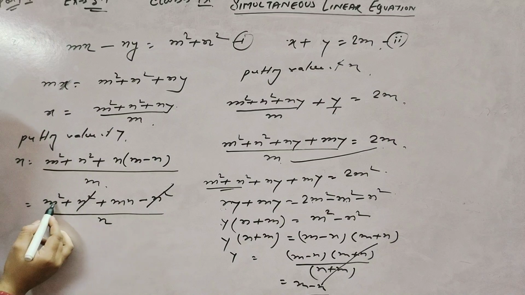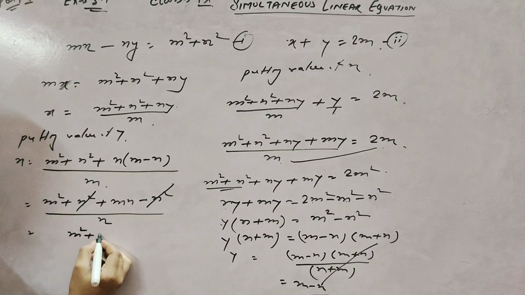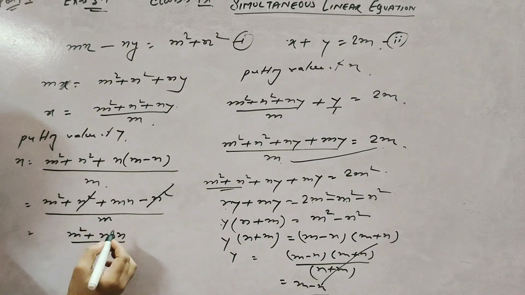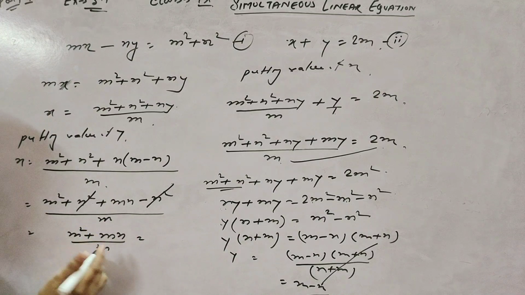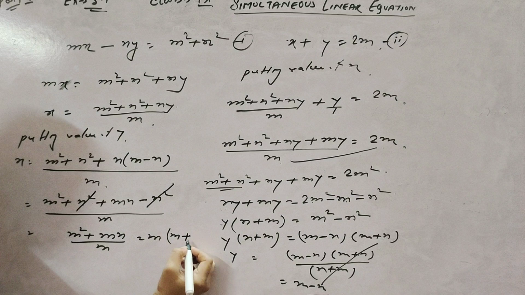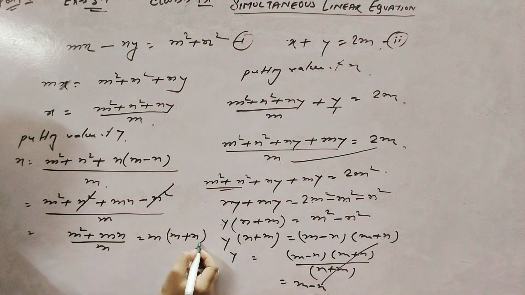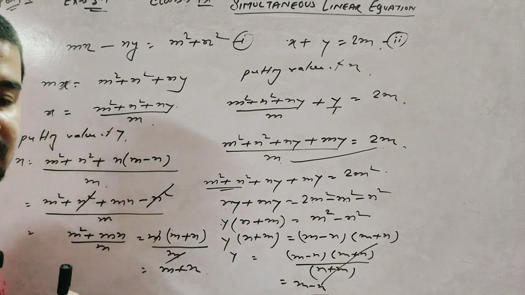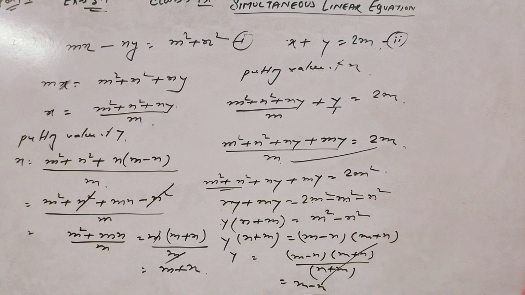Okay, you see what is left, m square plus mn by m. In this portion m is a common factor, we take m as common factor. So m cancels, m is left, plus, cancel, n is left, by m. So cancel, the value of x is m plus n and the value of y is m minus n. Okay, note.